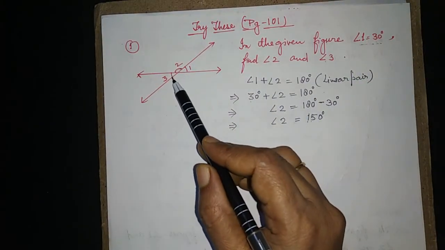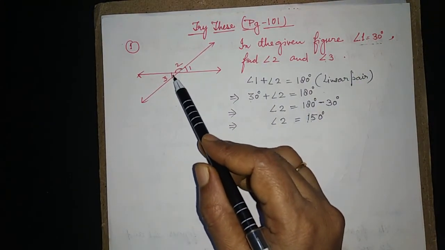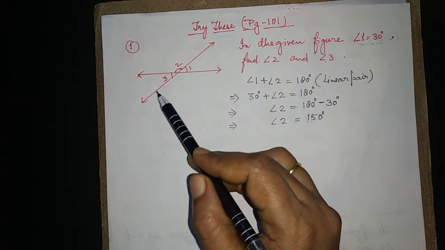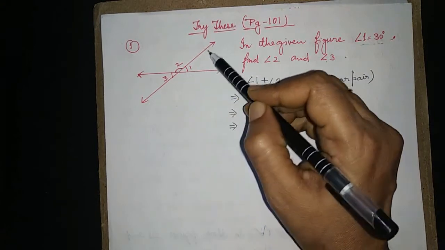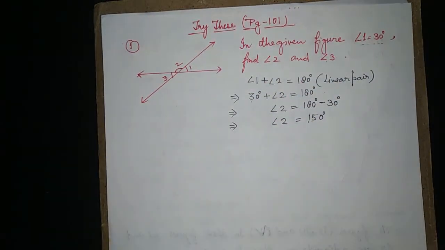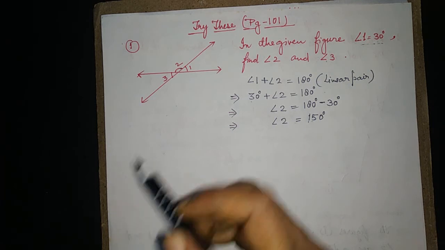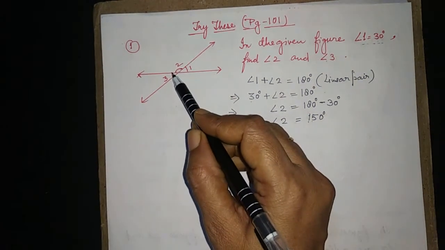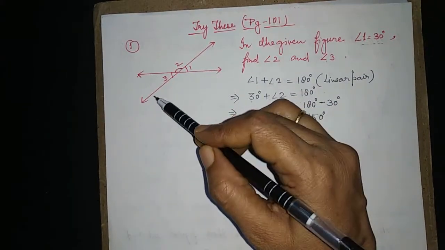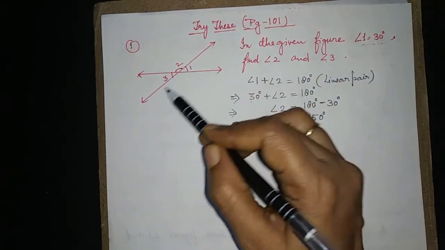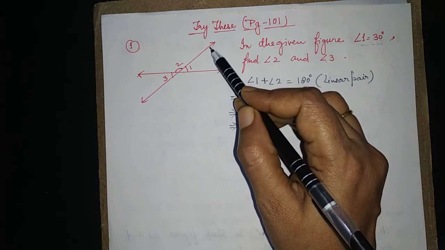Now for angle 3 also we can use the property of linear pair. Here angle 2 and 3 are also forming a linear pair. But there is one more way to find the measure of angle 3. Here you can see this line and this line. These two straight lines are intersecting each other.